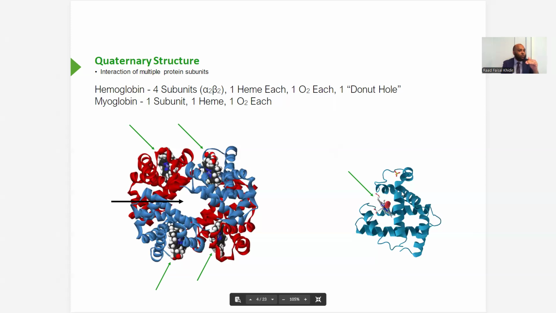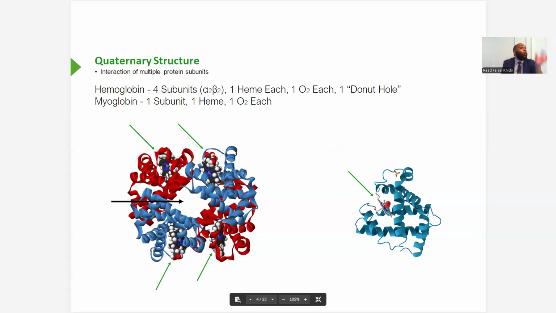But if I want to go from secondary, alpha helix and beta sheet, into tertiary, what do I use? Hydrogen bonding, more extensive, but that's not enough. Relying only on hydrogen bonding to go from secondary to tertiary is not enough. Now we need an additional form of bonding known as hydrophobic interaction. Hydrophobic interactions are not enough.